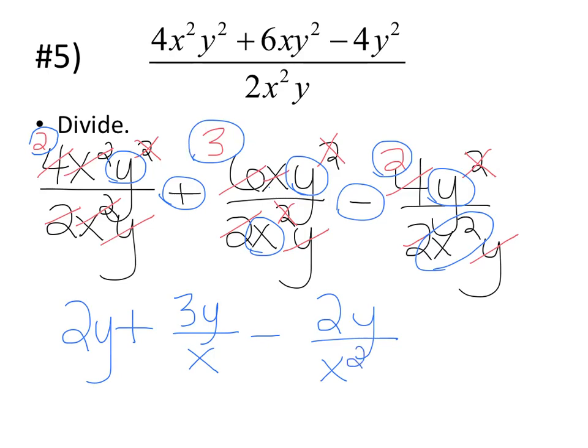So remember, 3 and y are in your numerator and x is in your denominator, so you leave them there. 2 and y are in your numerator, x squared is in your denominator, so leave them where they go. And that's your answer. Oops, I didn't circle it, did I?